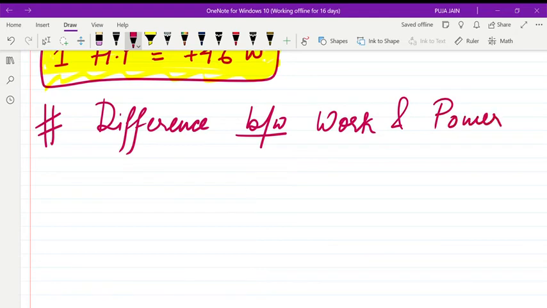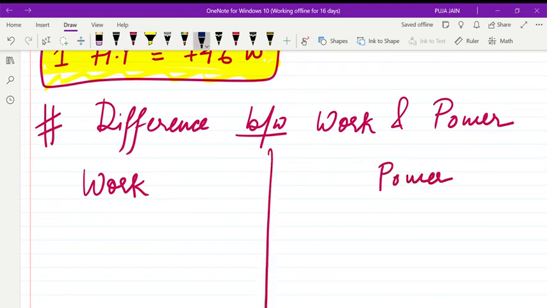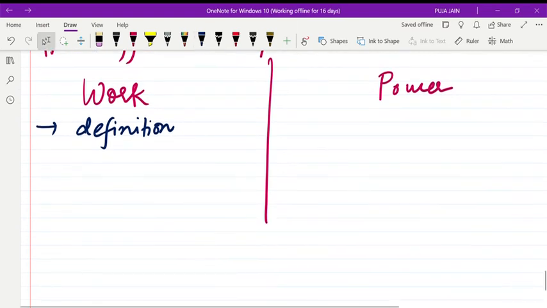See, work is what and what is power? First thing which you can say is the definition. What is power? It is the rate of doing work, and work is what? Work is basically the product of force and the displacement in the direction of the force. So one point of difference you can say is about the definition.